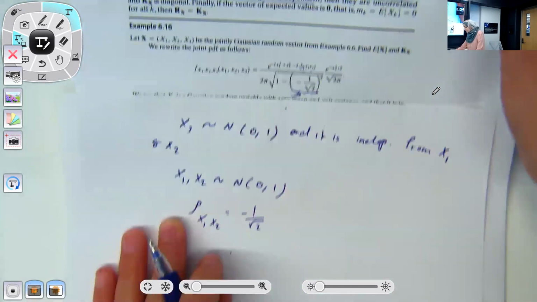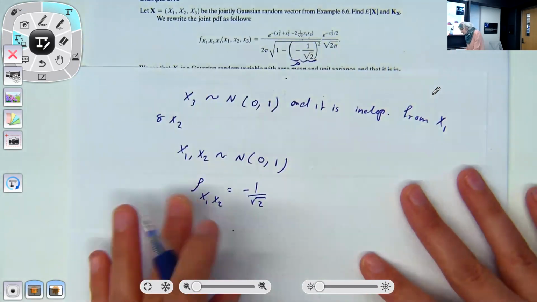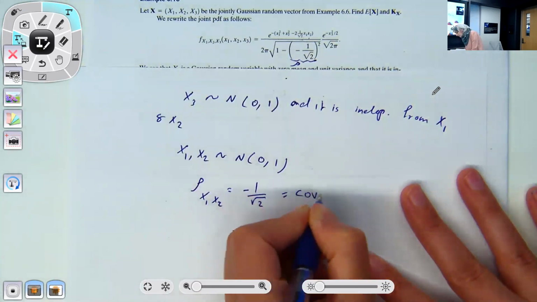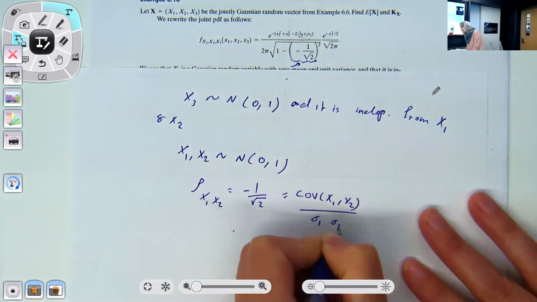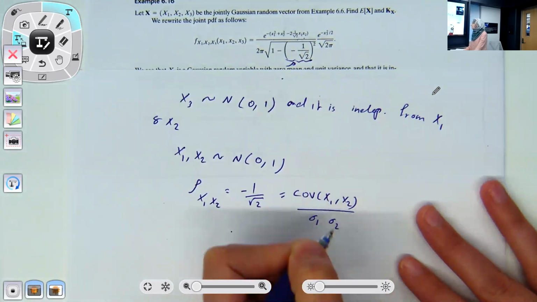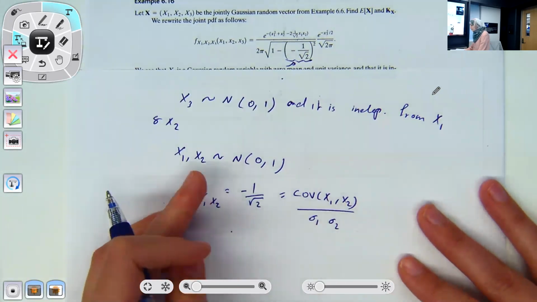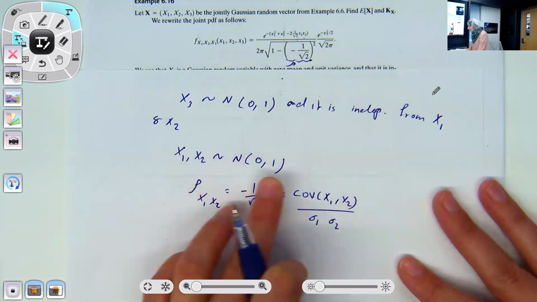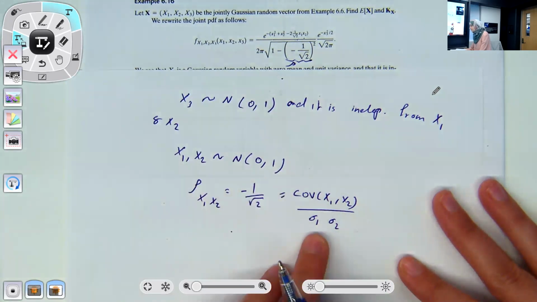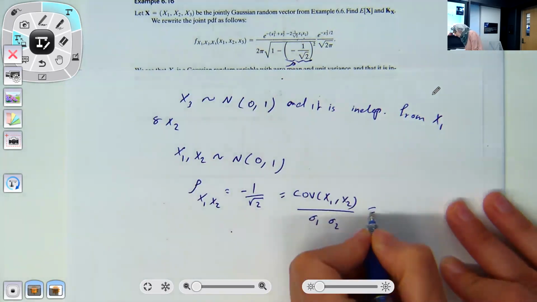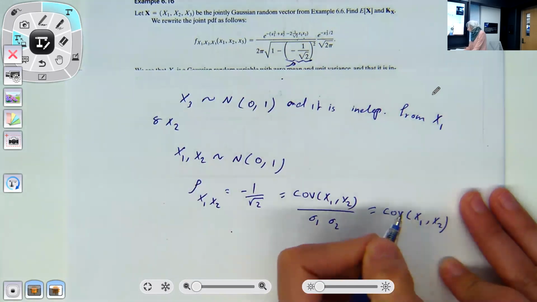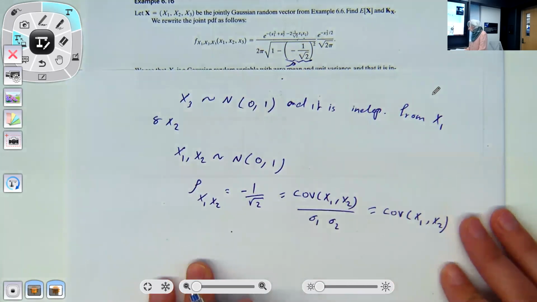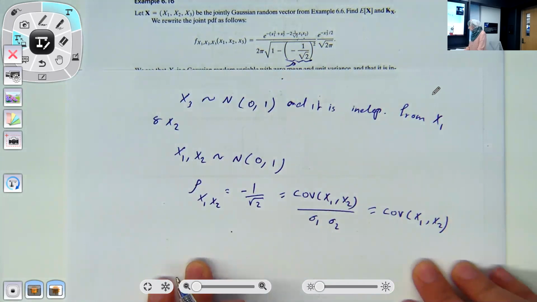And from the definition, rho is equal to the covariance between x1 and x2 divided by sigma 1 and sigma 2. Because x1 and x2 both are normal distributions with variance 1, sigma 1 is 1 and sigma 2 also is 1. So this is equal to the covariance of x1 and x2. So the vector of expected values is mu x equals 0.